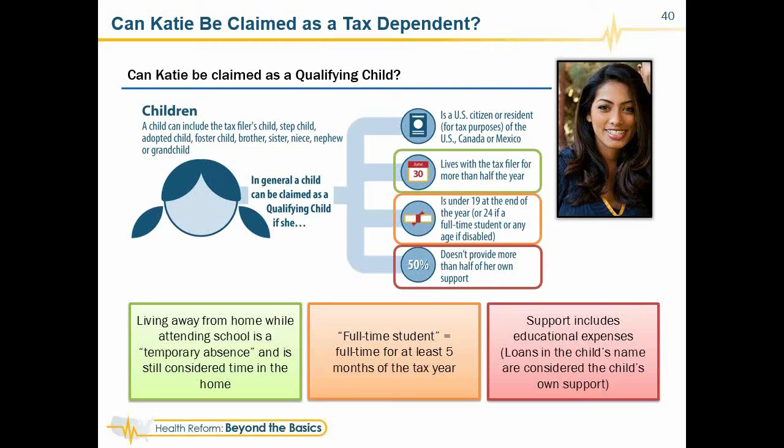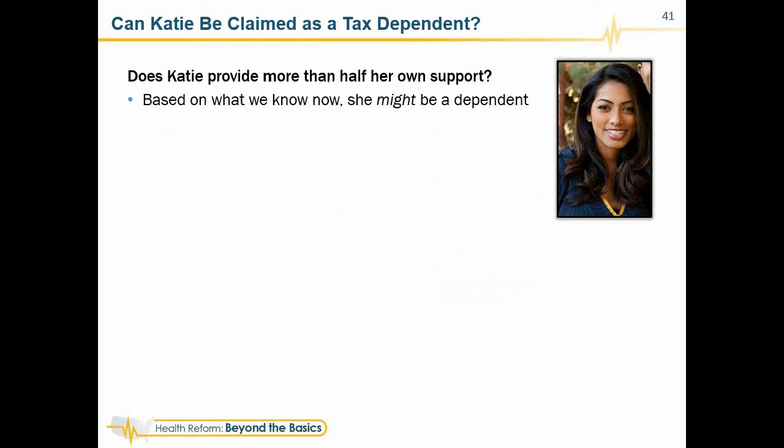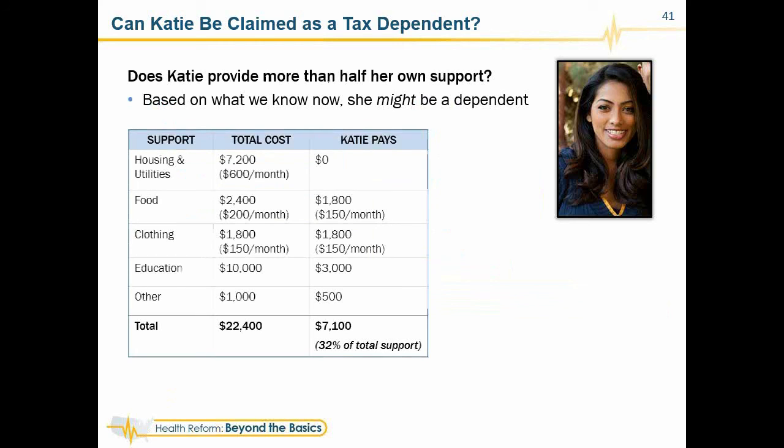So support is actually kind of a difficult question, and I think we are going to need to break it down. So these are the elements that constitute support under taxes. It's housing and utilities, food, clothing, education, and other things that the kid needs. So we have to estimate what the total cost of these things are, and then what's Katie's share to figure out whether she might be a dependent.